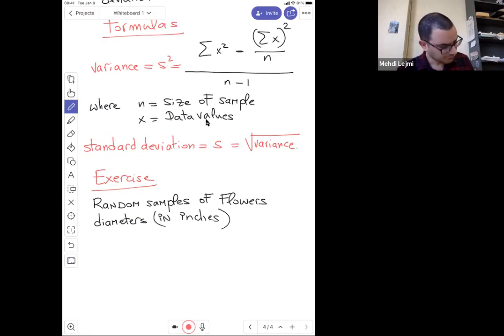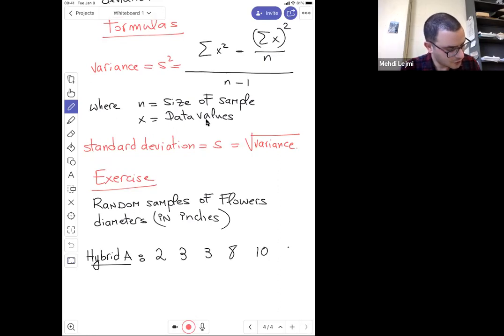All right, so we have two hybrids. There's a hybrid A. The first hybrid A has 6 flowers. The diameters are 2, 3 inches, the fourth flower's diameter is 8 inches, then 10 inches, and then 10 inches.